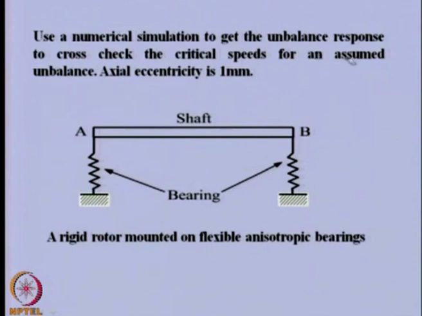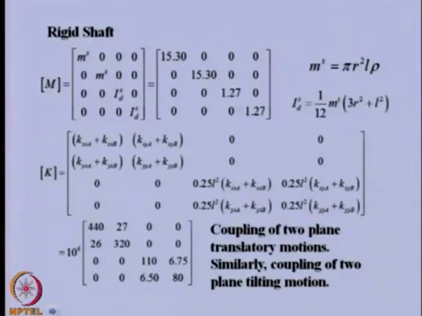So, in this particular unbalanced response, we will have this particular eccentricity of the unbalance. We already defined the mass matrix earlier.